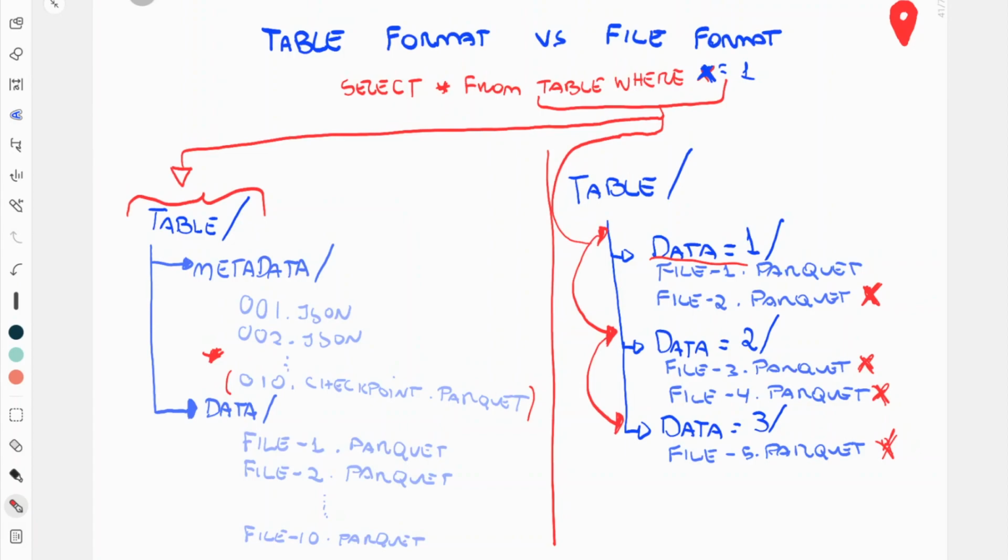If this is getting quite confusing, please let me know and I'll make another video on that. But this has this checkpoint. This file has all of the files that are actually in the table at this time. So for instance, if I did a bunch of different transactions here, I updated some rows, and I actually don't use these two files anymore.